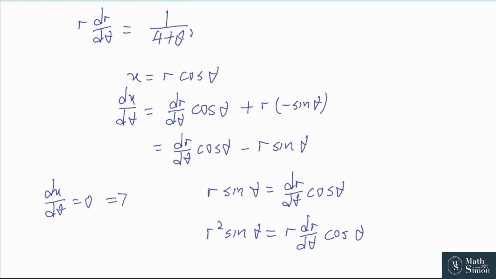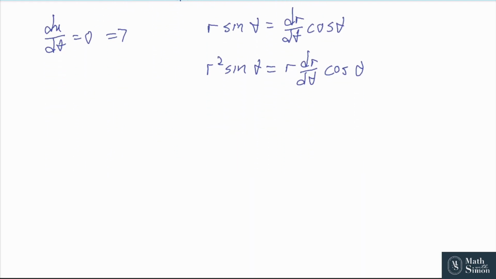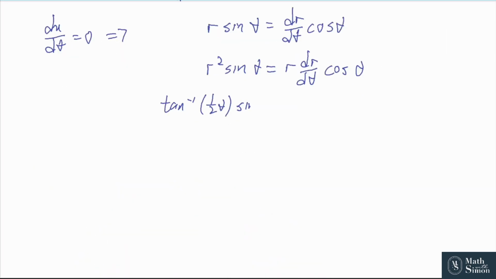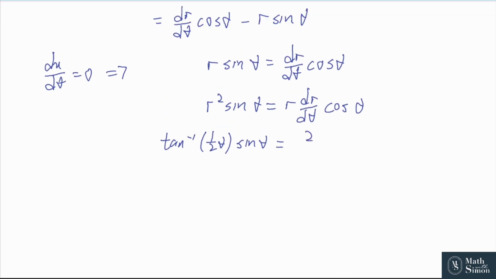For r squared, that's our arctangent of half theta. Then let's see what the question wants here. We keep the sine there, equals to, and r dr d theta is actually our 1 over 4 plus theta squared, cos theta.